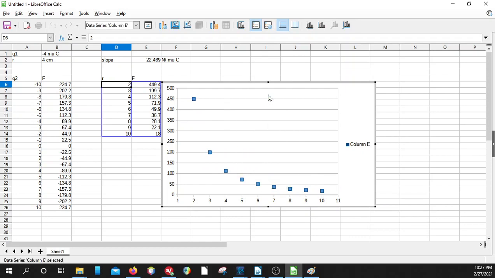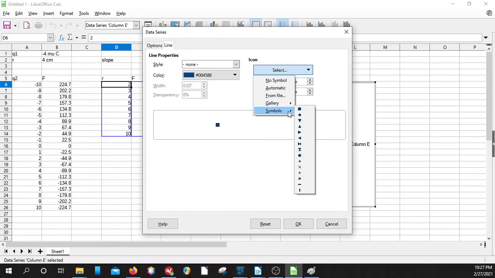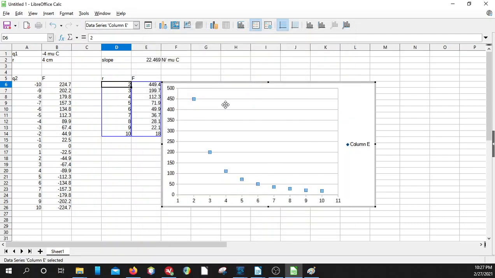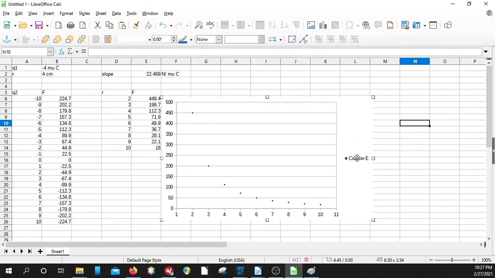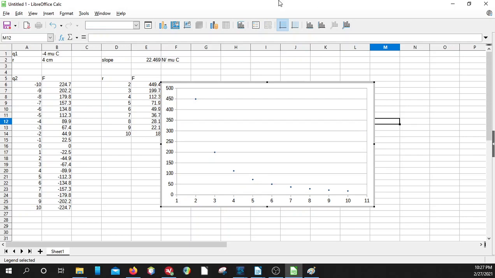So again, I like having just data points, not these huge symbols. Let's see. No, not all that stuff. There we go. And again, we can delete this. If I click on it right, we can delete it. There, I got that. Okay.